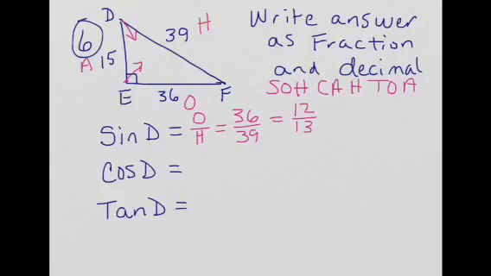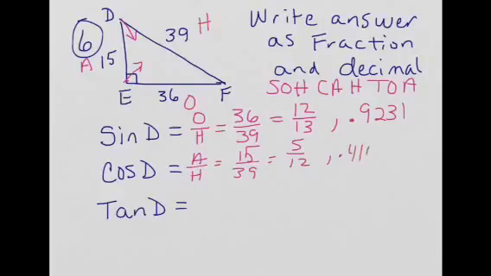And then we're going to do, on our calculator, sine and then put our 12 over 13 in, and we're going to get a 4-digit decimal of 0.9231. Cosine is going to be adjacent over hypotenuse, so our adjacent is going to be 15 over 39. We're going to simplify that to 5 over 13, put that into the calculator, and we're going to get 0.4167.